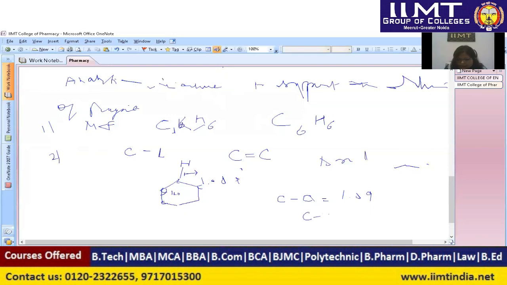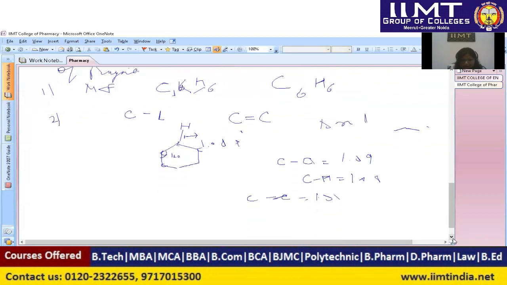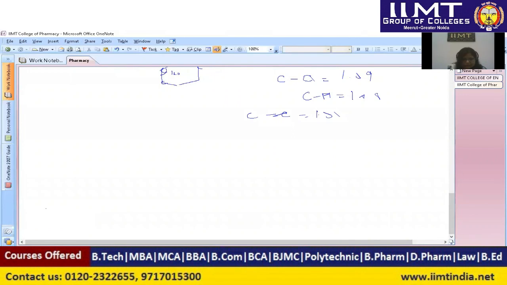Carbon and hydrogen has a bond length of 1.08, and carbon double bond carbon has 1.33. With this we have the bond lengths and how the structure is. Then we can move on to the synthetic evidences to support this.